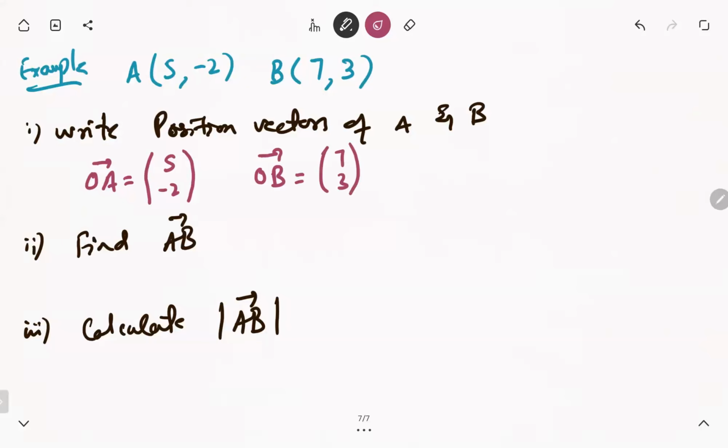Now, how to find AB? Mr. Daud Hassan. Sir, we make a graph first, right? A small rough graph. Come on, yaar. Do we need graph for even that? Sir, without using a graph, I can also do it.